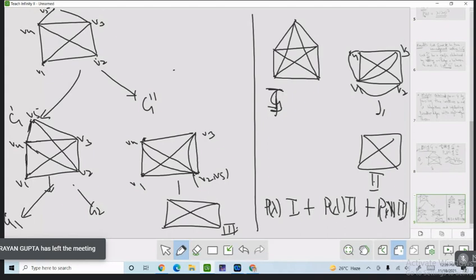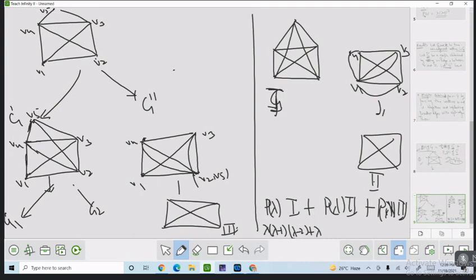Because it is the complete graph of 5 vertices, you know the chromatic polynomial of this: lambda, lambda minus 1, lambda minus 2, lambda minus 3, lambda minus 4, multiplied together.